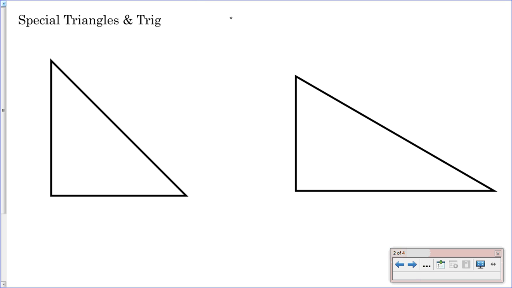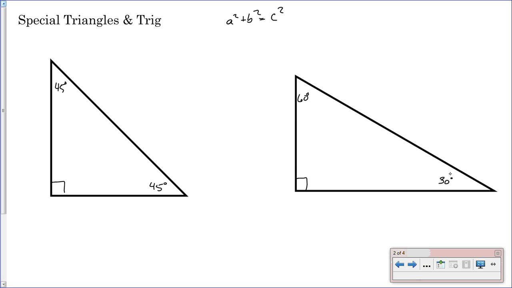are right triangles, you have to remember the Pythagorean theorem, which is a squared plus b squared equals c squared. That still works for these special triangles, but you don't really need to use it because the special triangles hold a certain ratio.